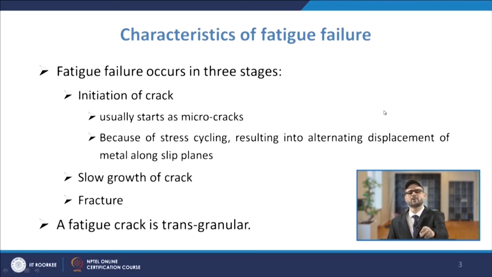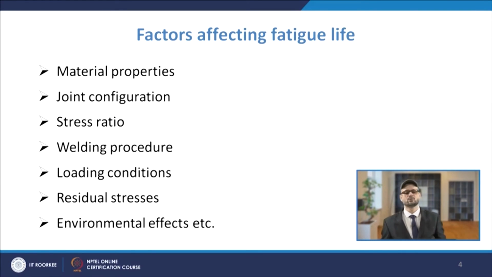Now, we will talk about other aspects of fatigue loading. One more important topic is the factors affecting the fatigue life. There are many factors which affect the fatigue life, and among them the more important ones are material properties, joint configuration, stress ratio, loading conditions, and welding procedure.